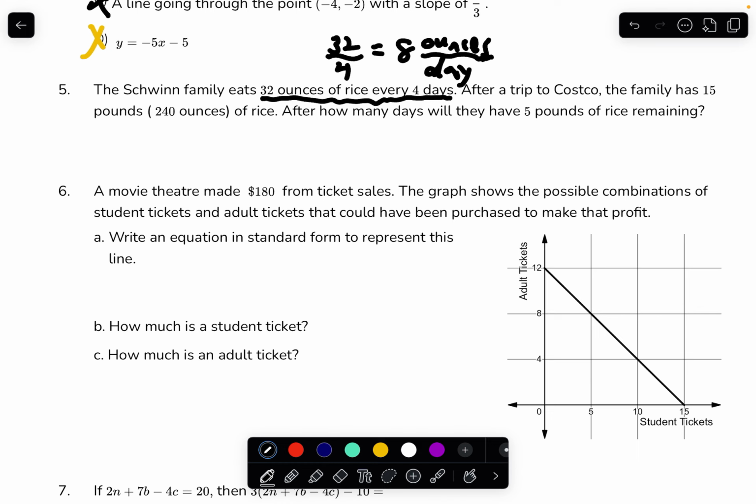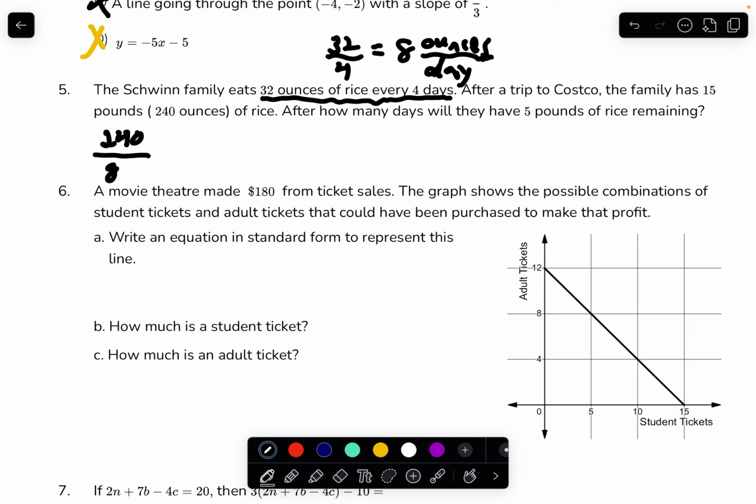So once we know that, they want to know after how many days they will have 5 pounds remaining. So 8 ounces per day, and they started with 240 ounces. And we know that they eat 8 ounces per day, so we divide by 8.